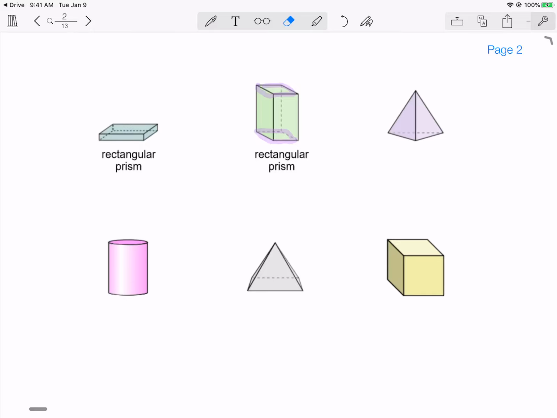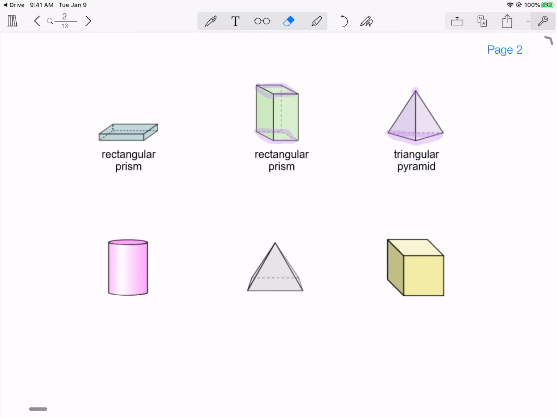Now the next one, you see that it's got this triangular shape on the bottom, but then everything comes to meet at a point. So this is actually what we call a pyramid. And this one doesn't quite look like the pyramids of Egypt because it's only got three sides or three faces that are upright. So this is a triangular pyramid.